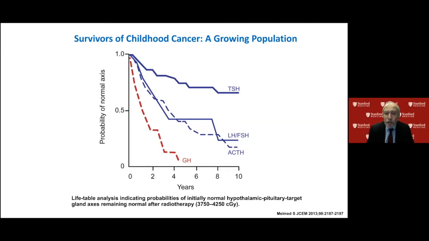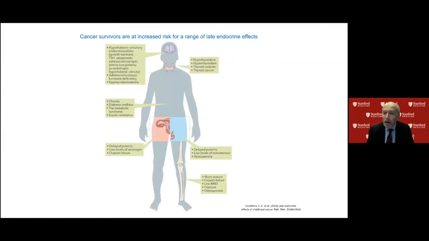So as adult endocrinologists, we have to be cognizant of individuals that were treated for childhood cancer. They may have delayed or premature puberty and have hypogonadism from primary gonadal dysfunction.